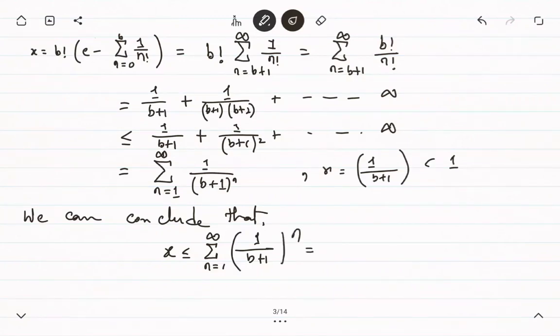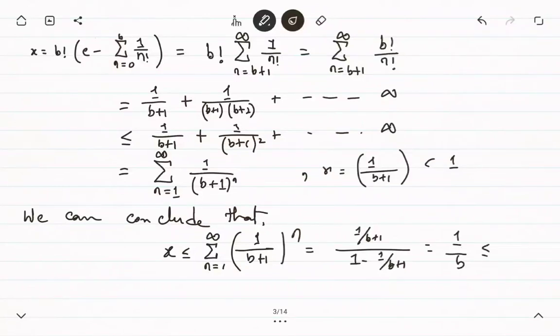If you simplify it, you get 1 by b plus 1 divided by 1 minus 1 by b plus 1, which is nothing but 1 by b.